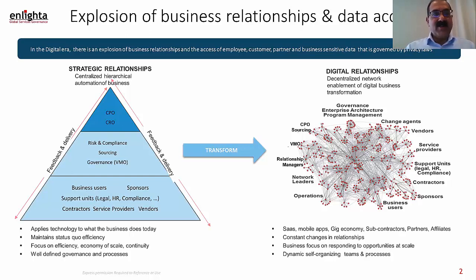It used to be your tier one and tier two suppliers, but now with SaaS solutions, mobile apps, gig workers and affiliates, your customer and employee data might be landing with many organizations in many different jurisdictions. That certainly adds complexity to figuring out which supply contracts are impacted.